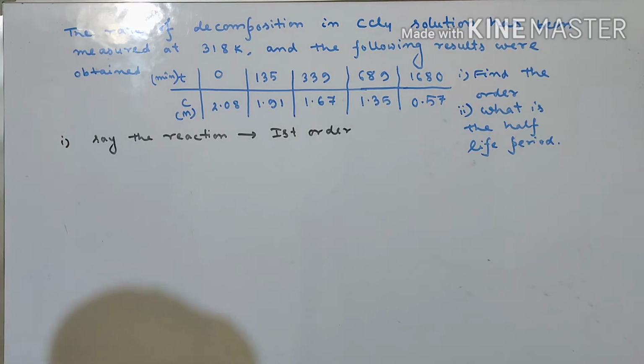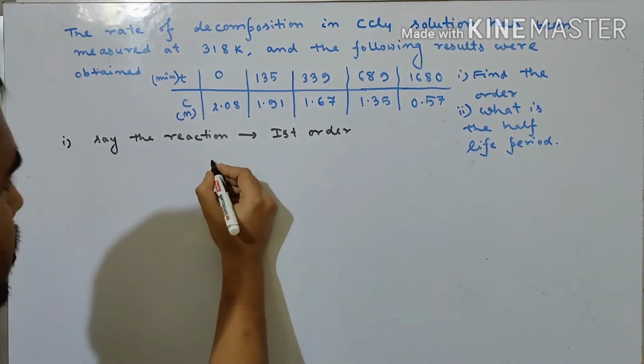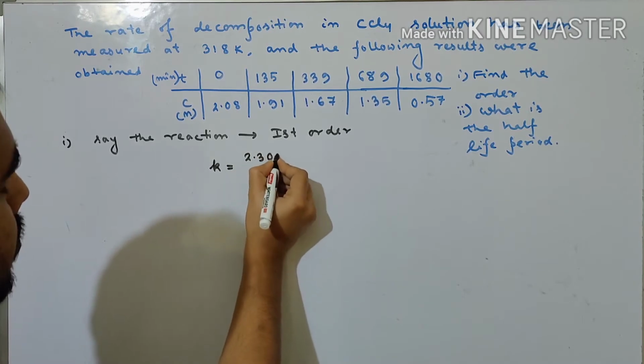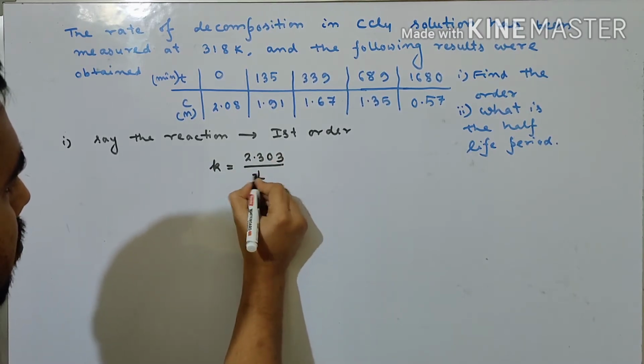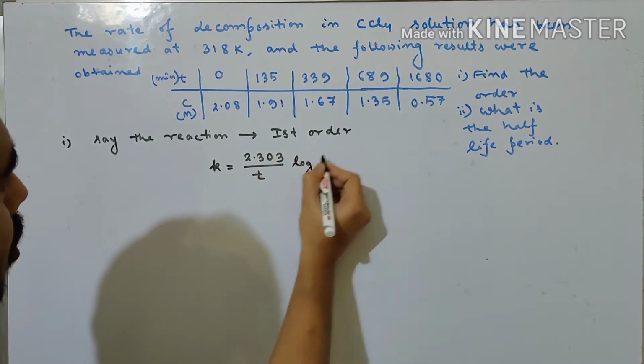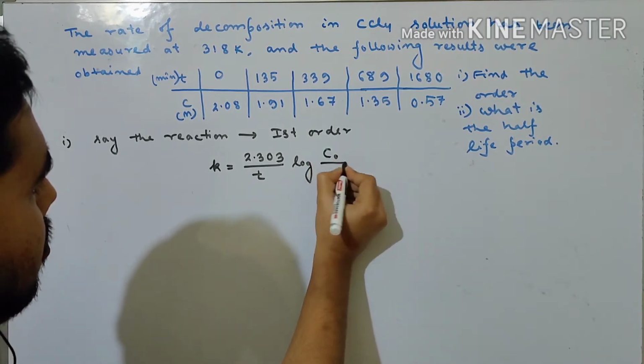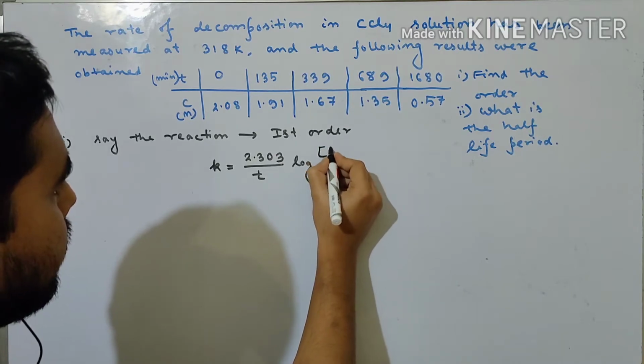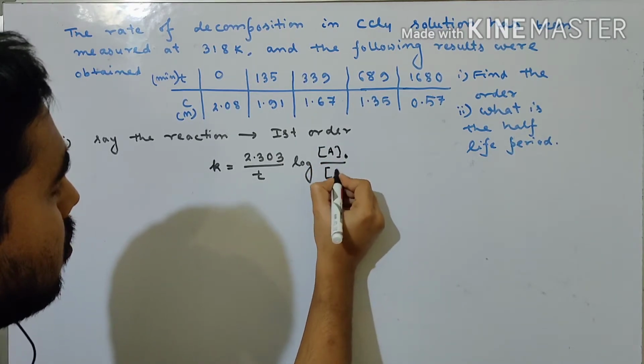Now let's see how we can solve it. In that case, K is equal to 2.303 by T log of C0 by C, that means we can write A0 by A.